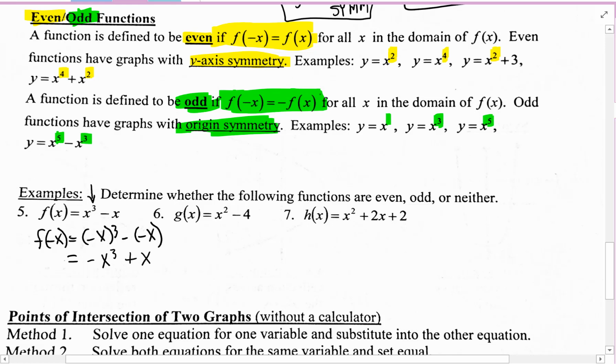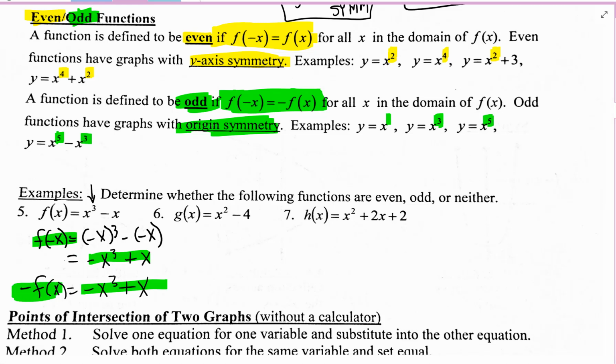Now, negative f of x is just changing the signs of each output. So negative f of x is negative x cubed, and then positive x. Ding, ding, ding. We have a match. F of negative x is equal to negative f of x, which means that this function is odd.